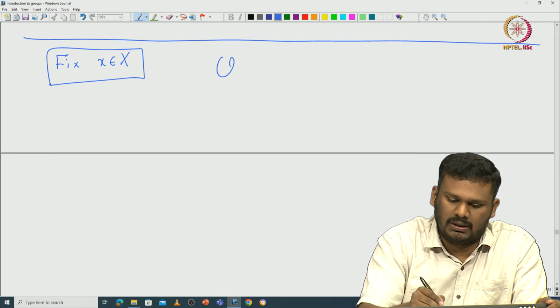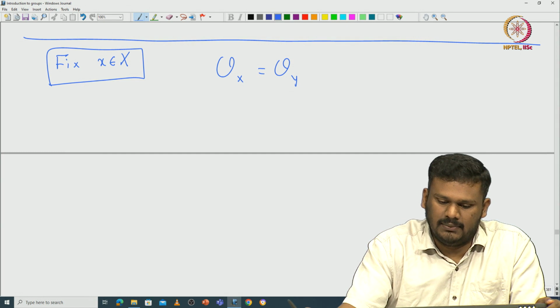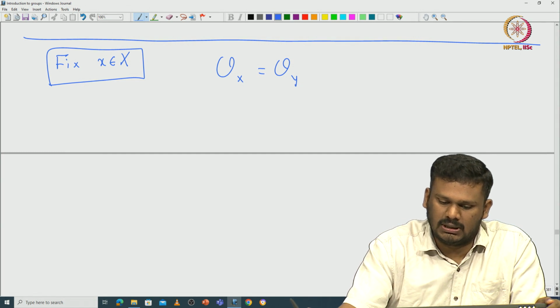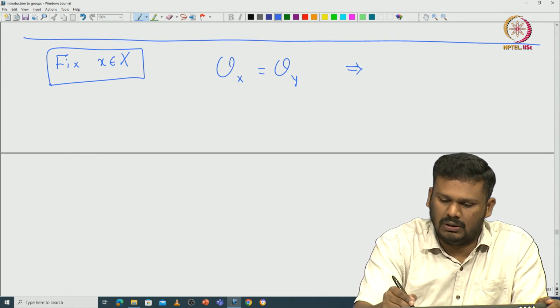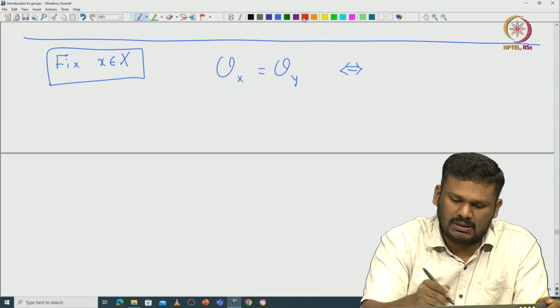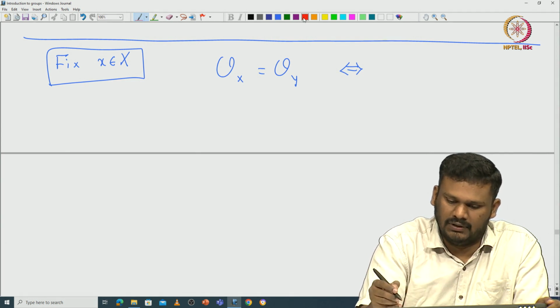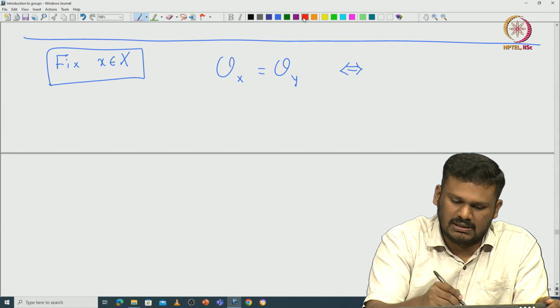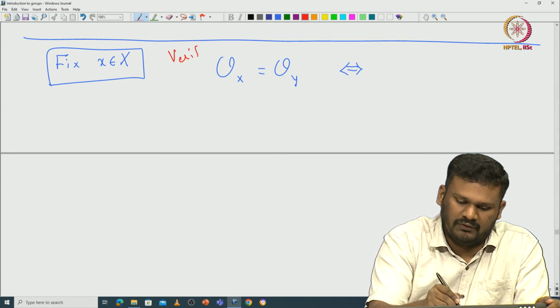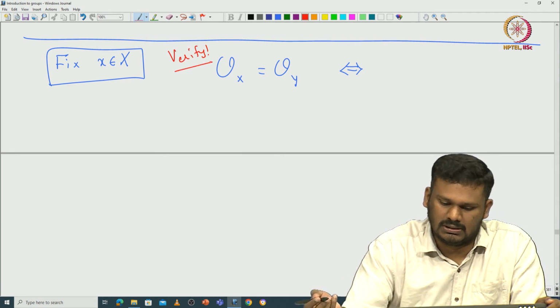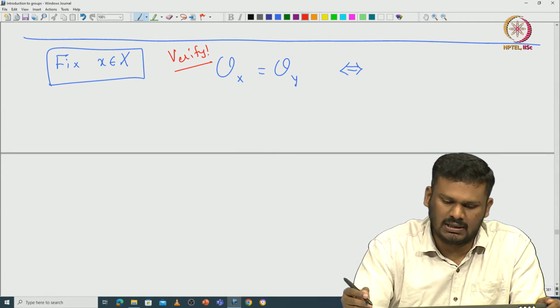Let us say orbit of x is the same as orbit of y. What is the meaning of that? One can check this is if and only if. This is something I will leave it to you; I already proved one direction, and by symmetry the other is clear.